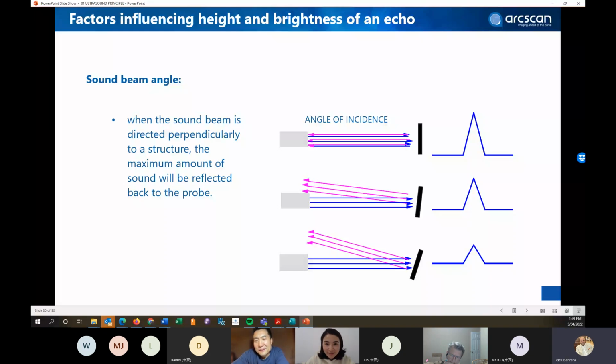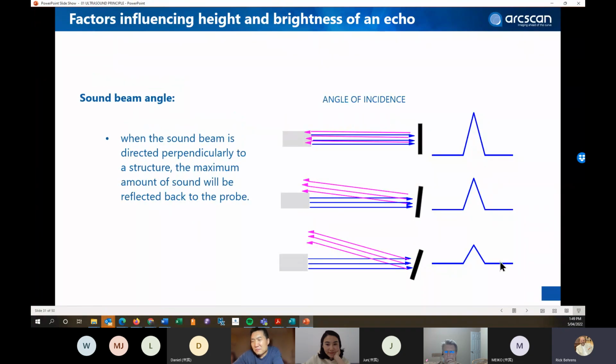There are a few factors that will affect the quality of a scan when you do ultrasound. One of the most common ones is the angle of incidence. When you have a perfect perpendicular image, the peak is going to be much better, because the sound has to be at 90 degrees to bounce back perfectly and give you a really good image. But if the angle of incidence is not great, if it's a little bit angled, it's going to give you a different image.